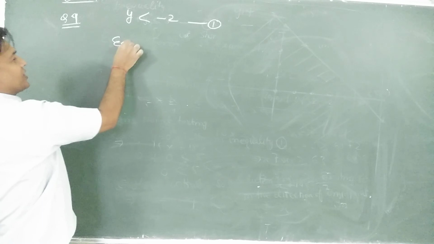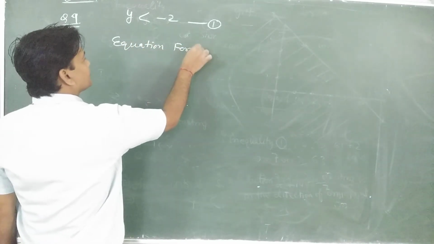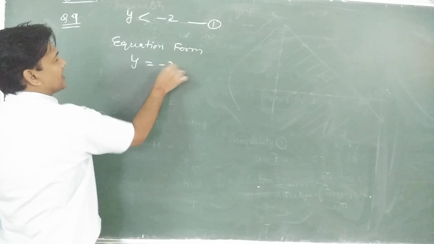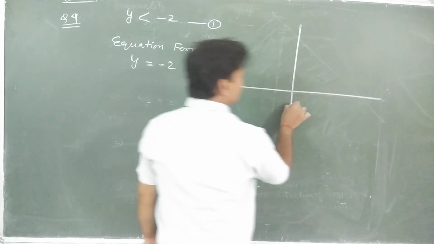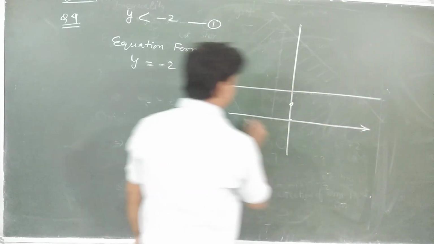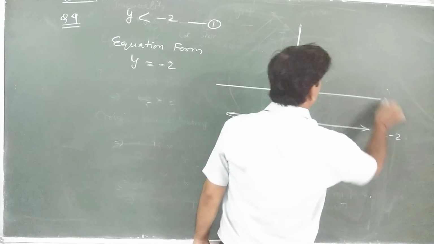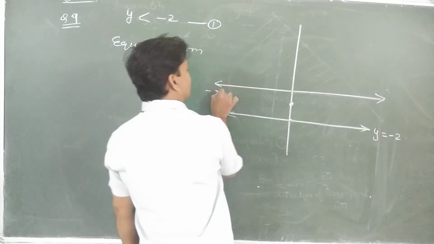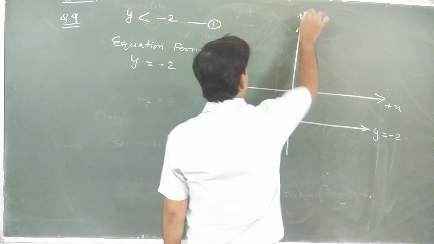Now the equation form is y is equal to minus 2, and the graph for this one is, this is minus 1, this is minus 2, and we are showing the graph like this. This line represents y equals minus 2, and this is our x-axis. This one is our y-axis.